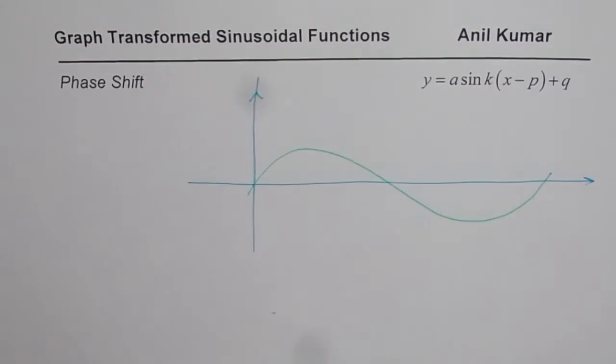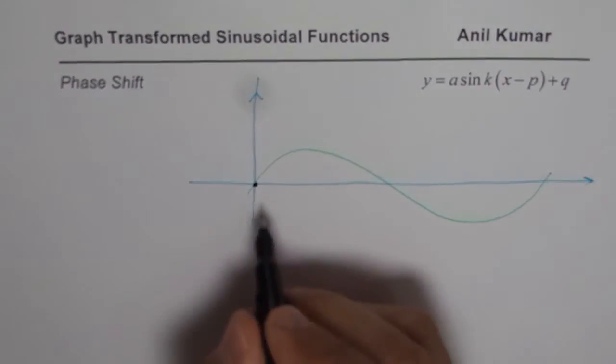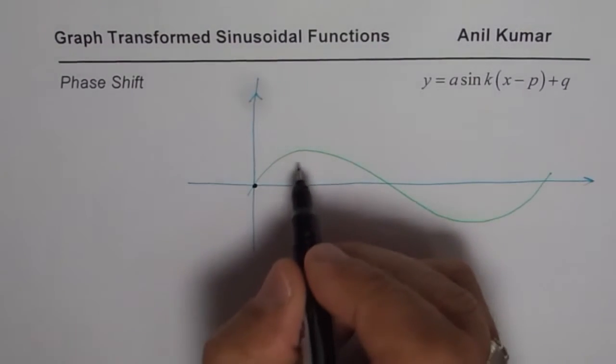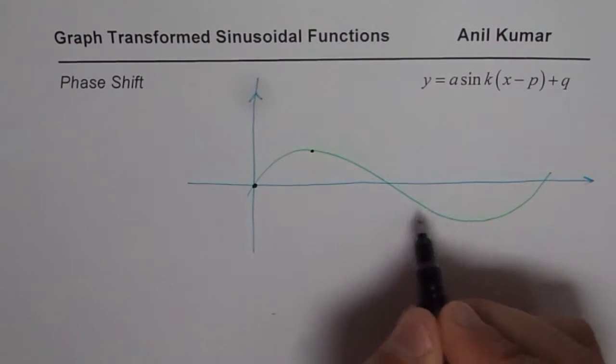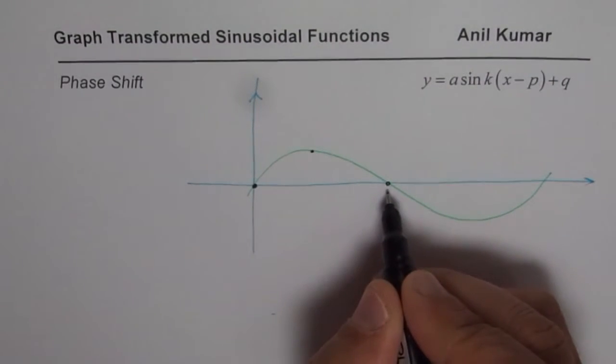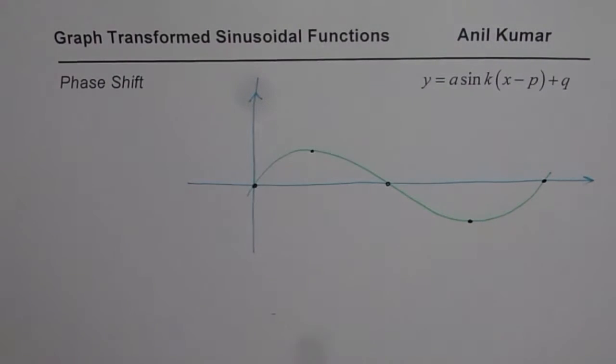For the sine function, as you know, we are considering 5 critical points. So these 5 points are: at 0 it is 0, then it has a maximum value which will normally be 1, then 0 at half the time period, minus 1, back to 0. That is our sine function, right?